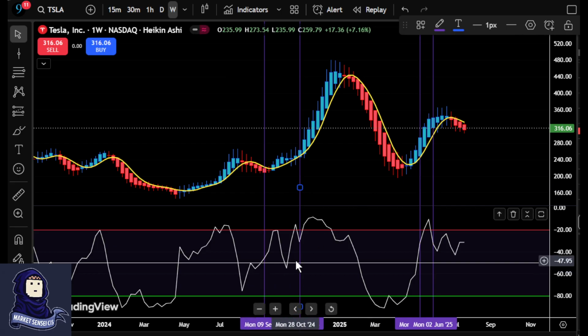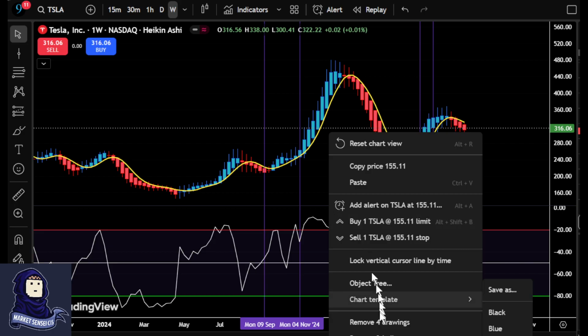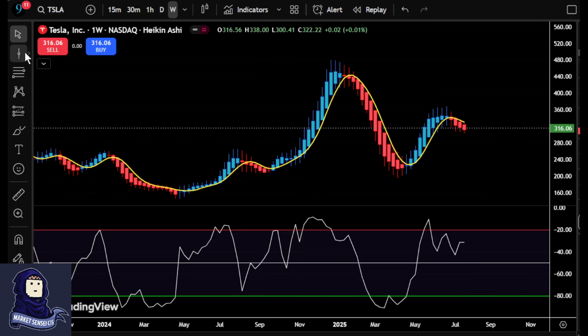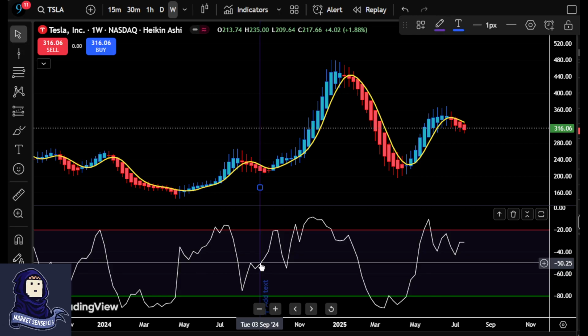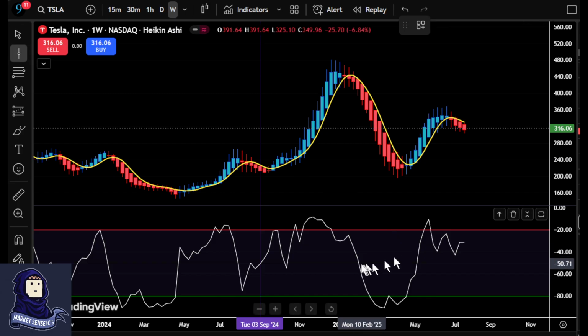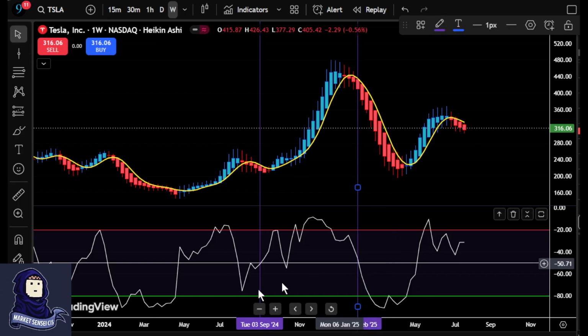But then the 50 zone actually doesn't give you a very good entry point. But it sort of gives you a rough idea of whether the stock is going positive or going negative. You can see here to here, that is quite a positive move. Considering here, when it breaks below it, it's turning negative.